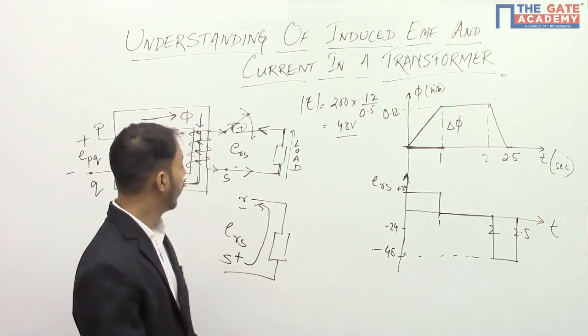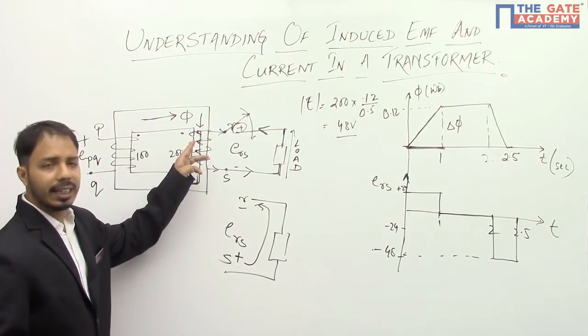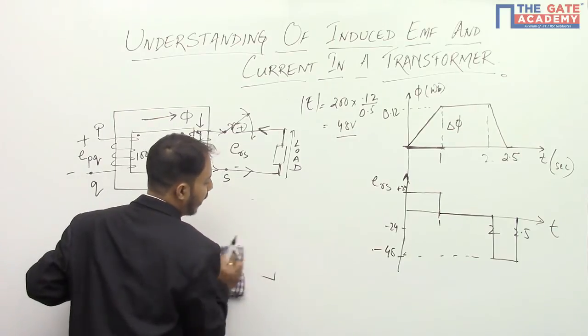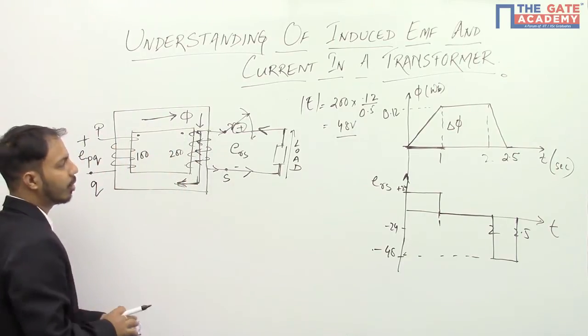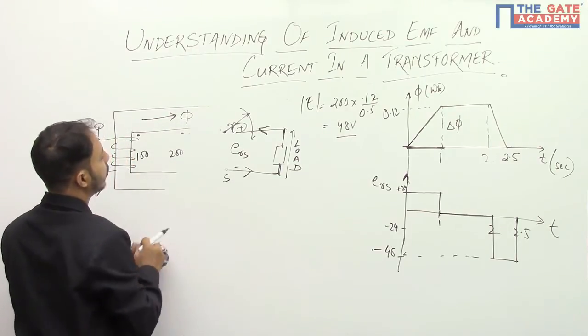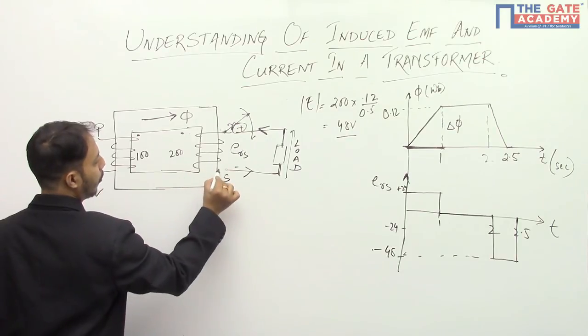Now there is one more thing. In some books, what happens is the direction of the secondary coil is changed. Now you see, if the direction of the secondary coil is changed, the answer will be different. Whatever I have done is for this type of winding.